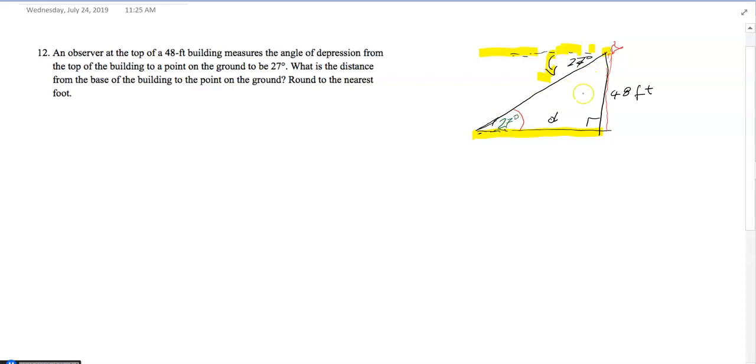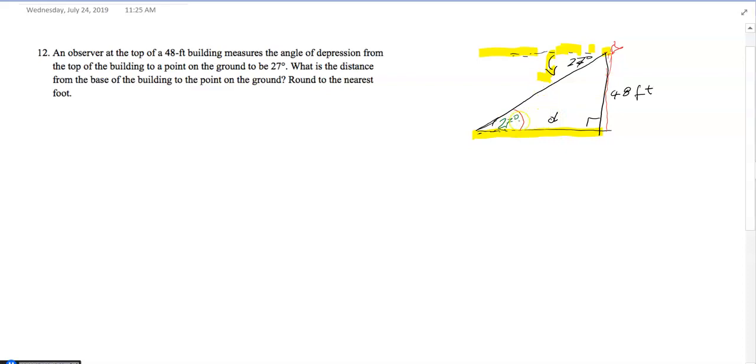All right? There are many ways to do this, but we are going to use these corresponding angle ideas. We could have also found this top angle of the triangle by subtracting the 27 from 90, but we are doing the corresponding idea here to fill out the angle at the bottom.